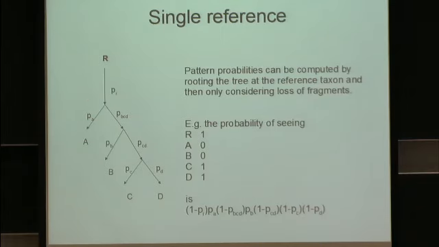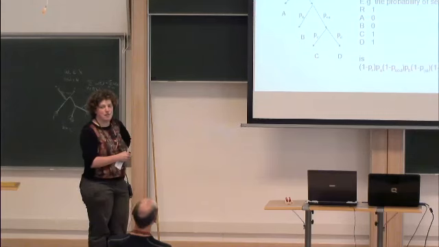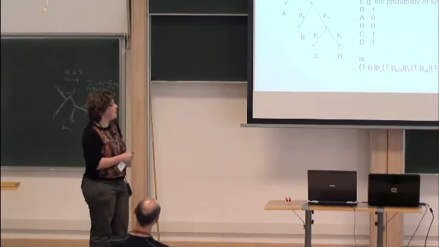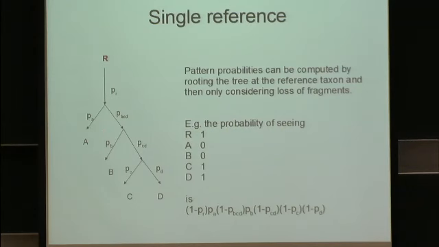The single reference taxon case again is nice because you can just root the tree at that reference taxon, and then you can completely forget about fragments being gained because you won't ever see them, right? So if you have a single reference taxon case, you really just have to consider all the different ways in which fragments can be lost down branches of that tree.